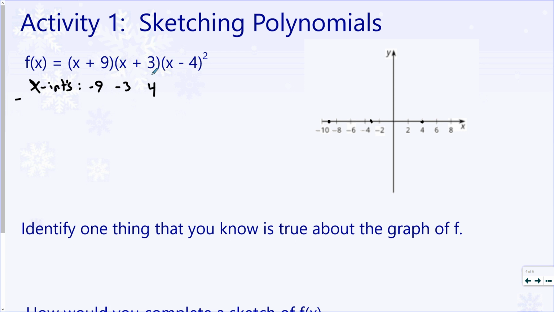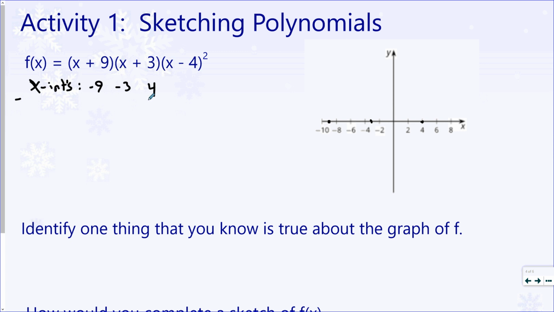So don't quote me on that, but it's a big number. And you're going to notice that's why the y-axis is actually not even scaled. When we attempt to sketch a polynomial, we're less concerned about the actual values. What we are concerned about is the general shape of it. Because the values we can get by plugging in values for x or finding the y-intercept manually, lots of things.